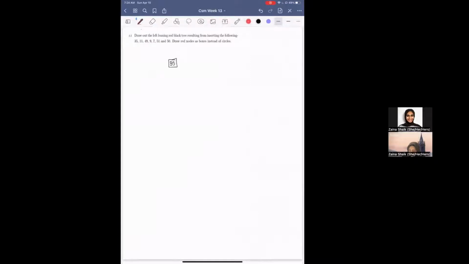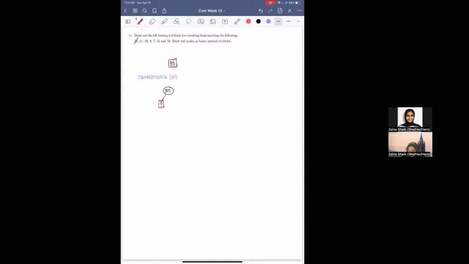And remember, we always want to insert it as red, but since in this case 35 is our root node, we can color it black. So now we want to insert 11, and we want to insert it as red and as a leaf.